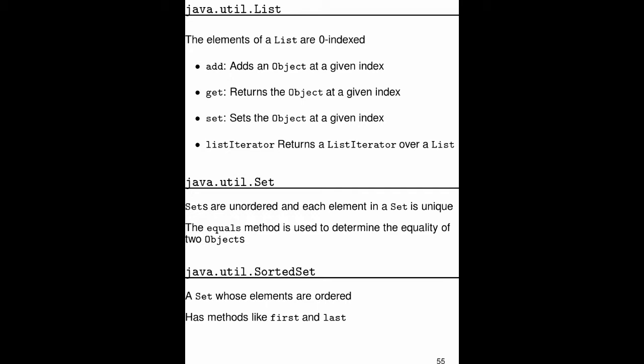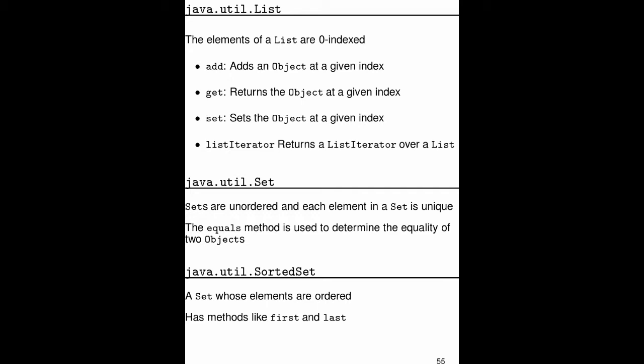Java.util.Set is a type of collection in which the elements of the set are unordered, and each element in the set is unique. Now, when you go to add a new element to a set, since all of the elements in the set are unique, the implementation of the add method will use the equals method of the object being added to determine whether or not it is already in the collection.